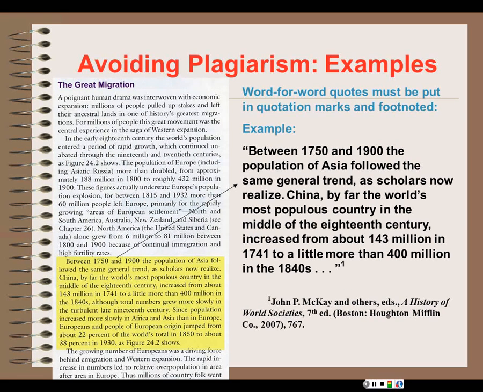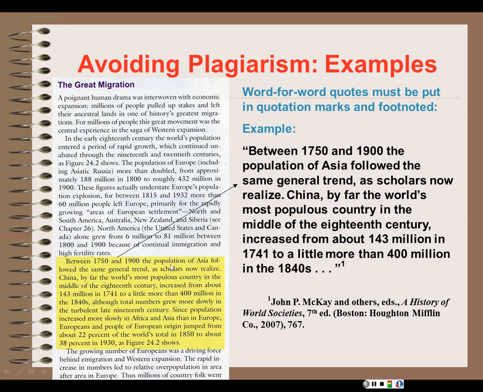So how do you avoid plagiarism? It's very easy to avoid plagiarism. We're going to go back to this example. Between 1750 and 1900, the population of Asia followed the same general trend as scholars now realize. China, by far the world's most populous country in the middle, increased from about 143 million in 1741 to a little more than 400 million in the 1840s.